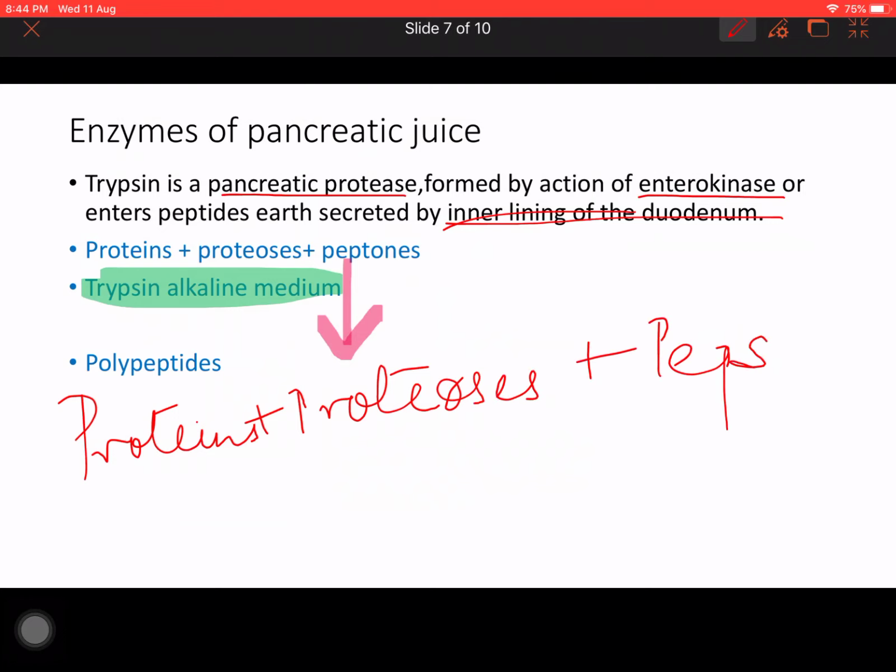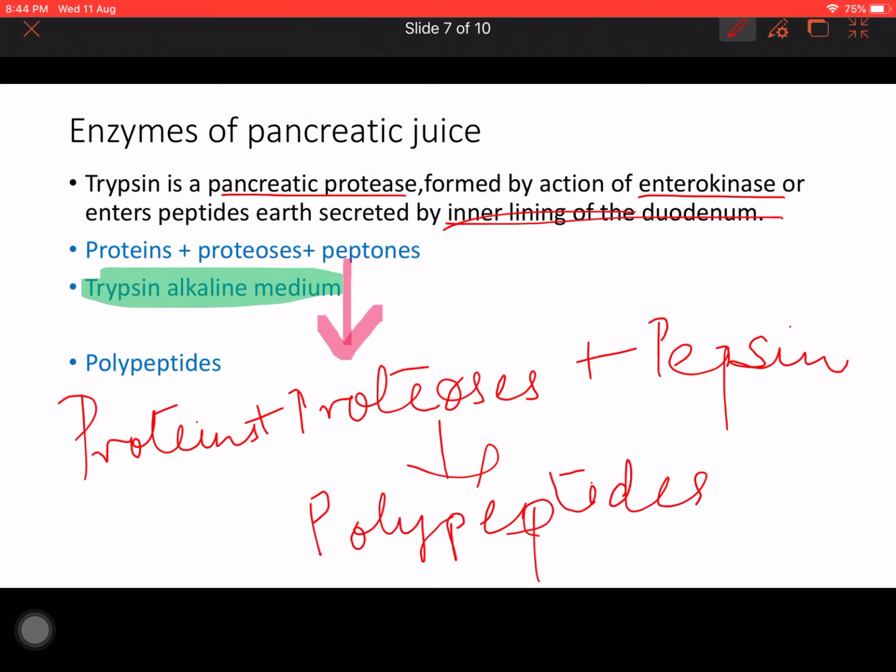In the presence of this trypsin, they are all converted into polypeptides. So trypsin helps convert proteins, proteoses and peptones to polypeptides, but the medium should always be alkaline.